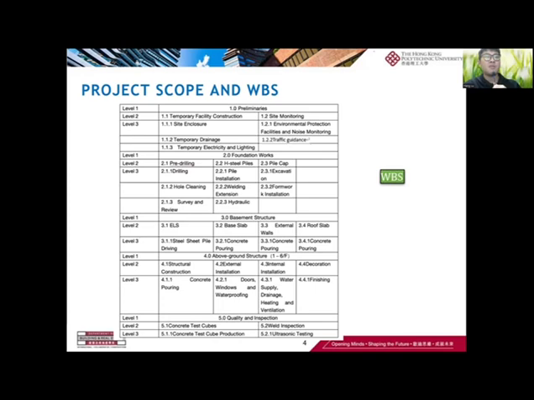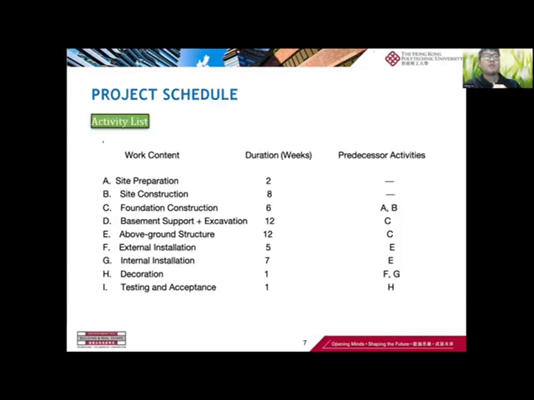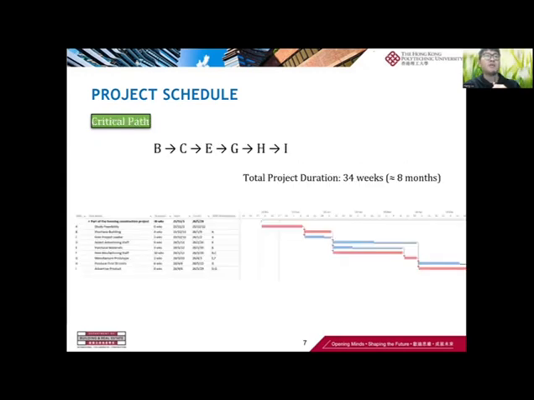After optimizing and making a schedule, we get an activity list, and after that the data will be represented by the Gantt chart, as shown. We can find the critical path, and finally the total project duration is 34 weeks.